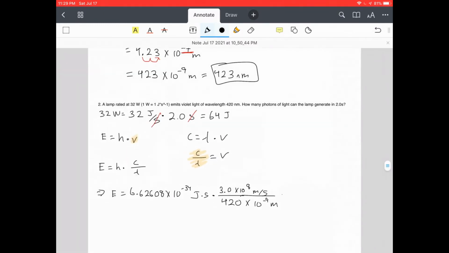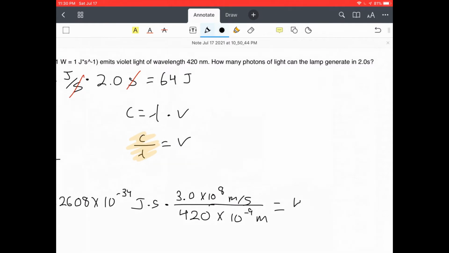So now I'm just going to type everything into my calculator, and I will get 4.733 times 10 to the negative 19.